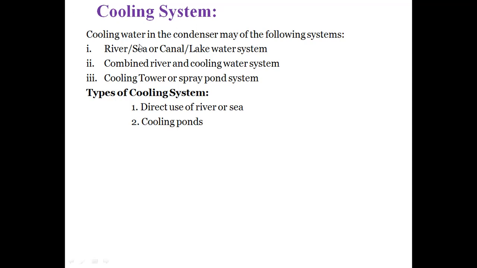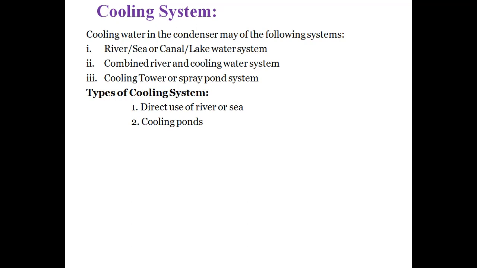First one, rivers, sea or canal or lake water system. In this system, when the power station is situated on a bank of the river or lake or other natural sources of water, the condenser water supply can be obtained directly from there, the water being discharged to the waste or back to the source.